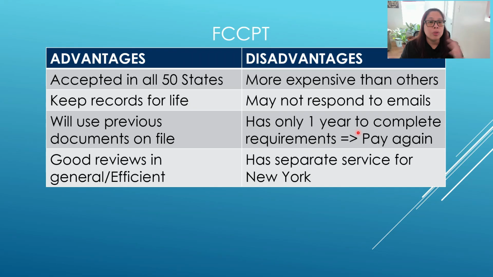You went to school, online or in person, to complete all those deficient subjects, and then you want the school or schools to submit those curriculum course descriptions to FCCPT, then you have to pay FCCPT again for whatever service you need, like type 1 review for immigration, okay?